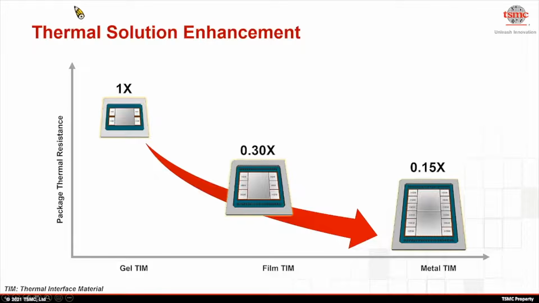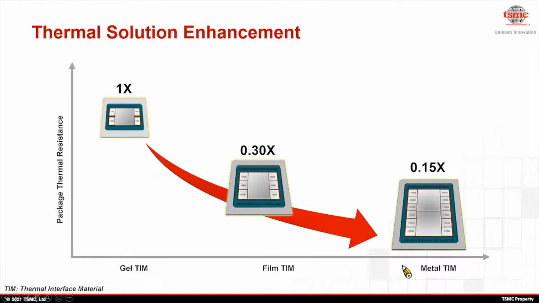It can enable good thermal resistance reduction as shown here. This is done by pushing for lower and better TIM, which stands for thermal interface material, from gel type TIM to film type and eventually to liquid metal TIM.